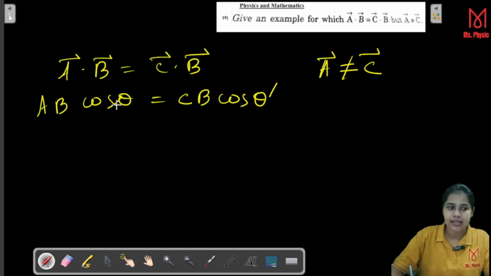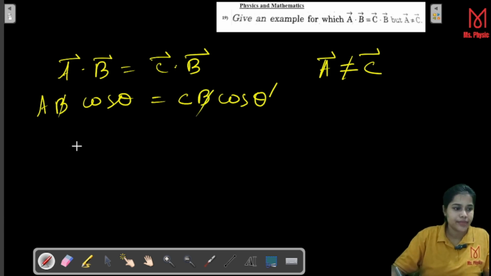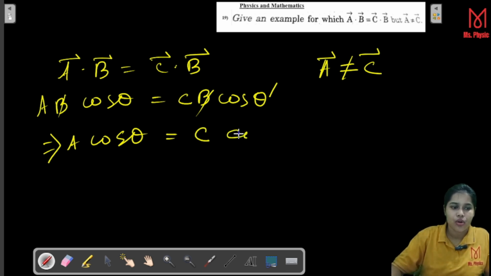Here theta is the angle between A and B. So ultimately we get A cos theta is equal to C cos theta prime.